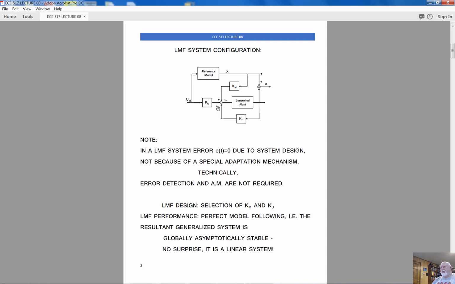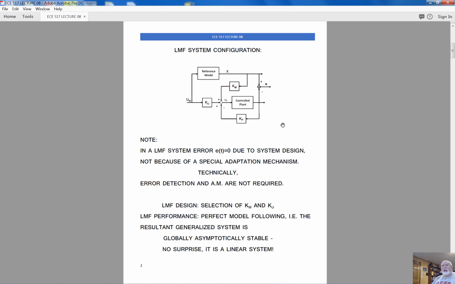If matrix Kp, matrix Km, and matrix Ku are properly defined, the properties of the system will be exactly the same as properties of this reference model. Later, we should be able to introduce a different reference model, change matrix Km and Ku, and guess what? The system will follow this new reference model.